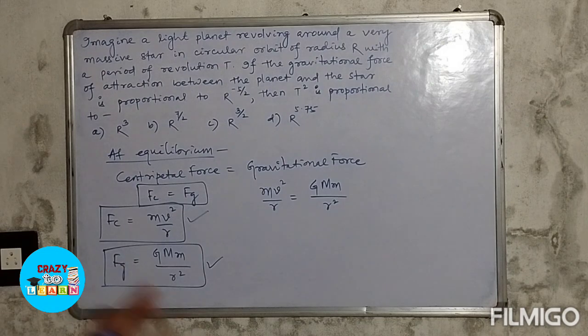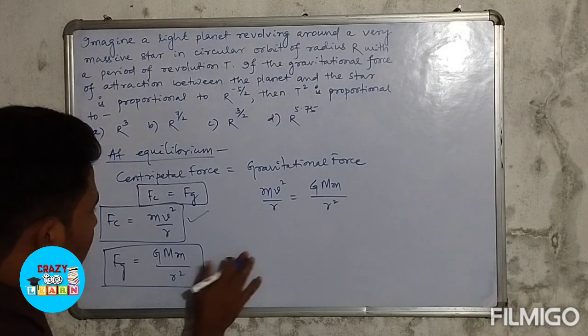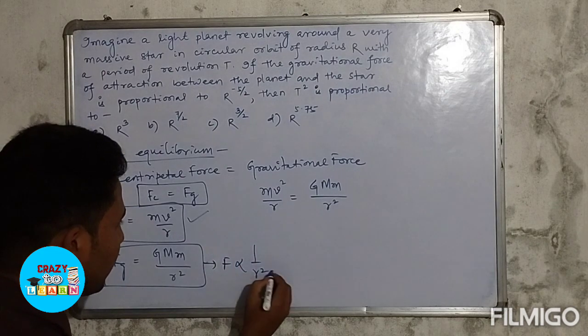But just wait here. It is the general condition. What is the formula for the gravitational force? The gravitational force formula is capital G M m by r square. For this formula, F is inversely proportional to r square, or F proportional to 1 by r square.